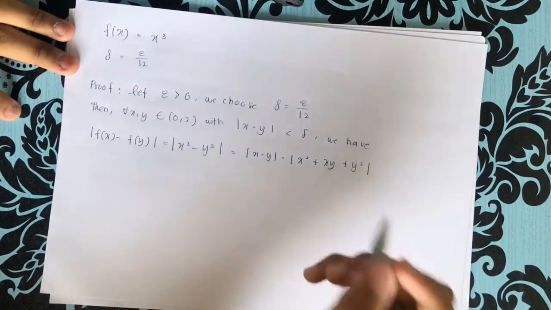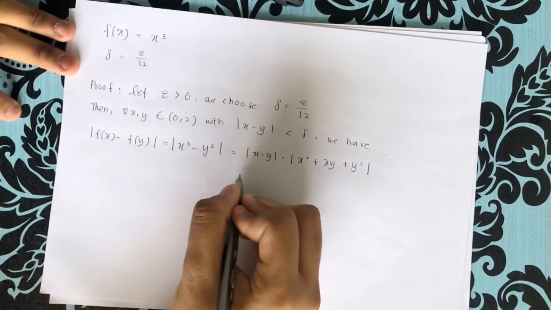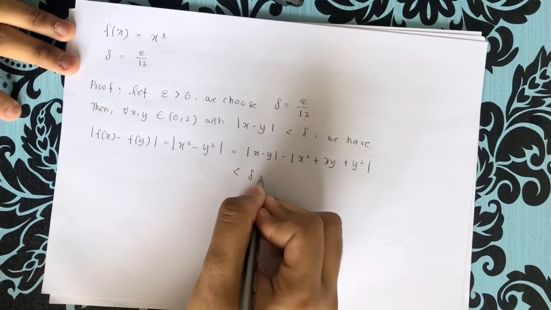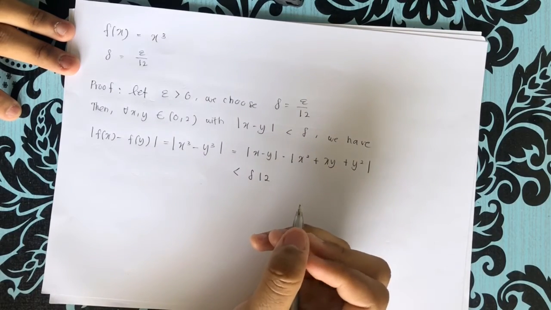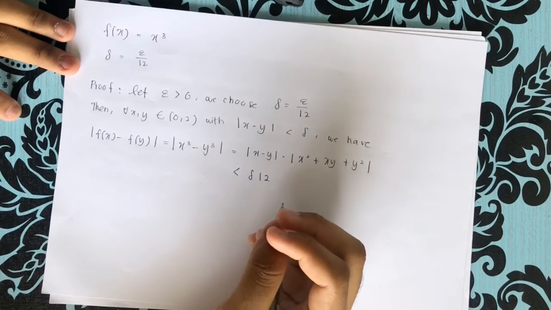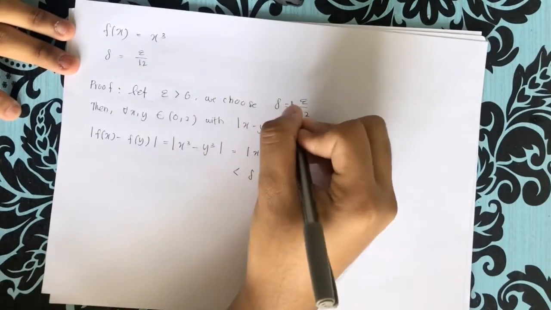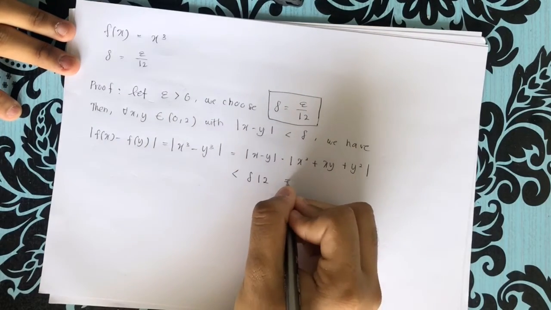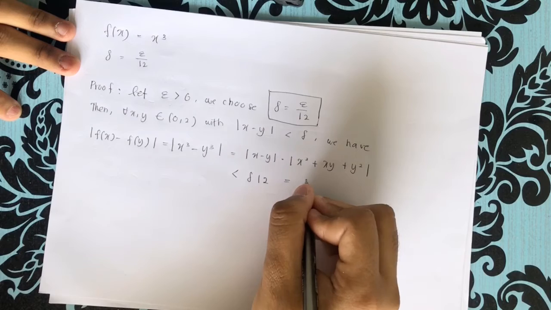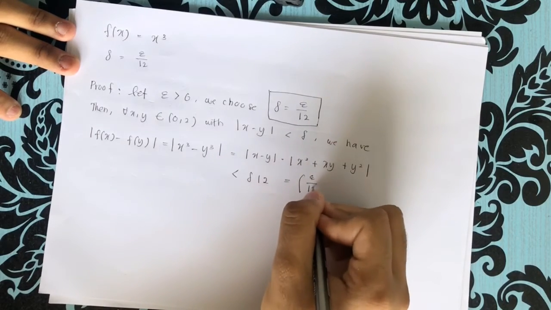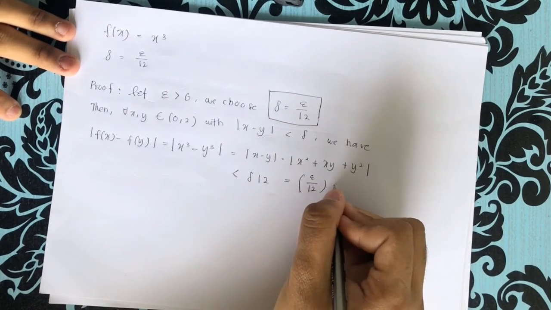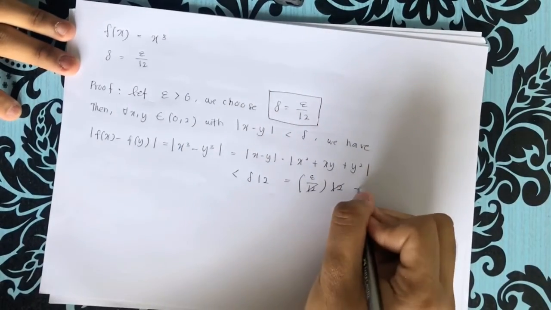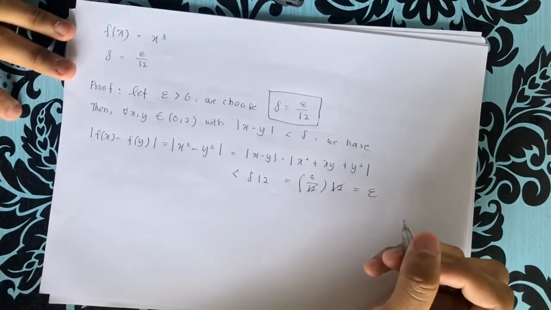As we know, this is less than 12 delta. Since we stated that delta is epsilon over 12, this equals epsilon over 12 times 12, and we are left with epsilon.